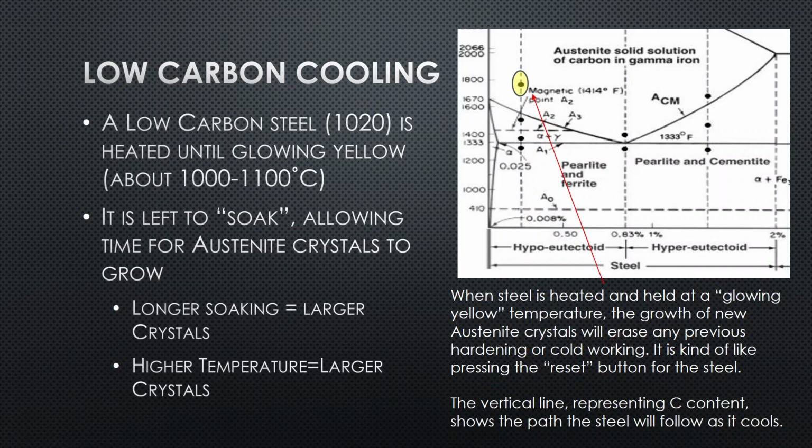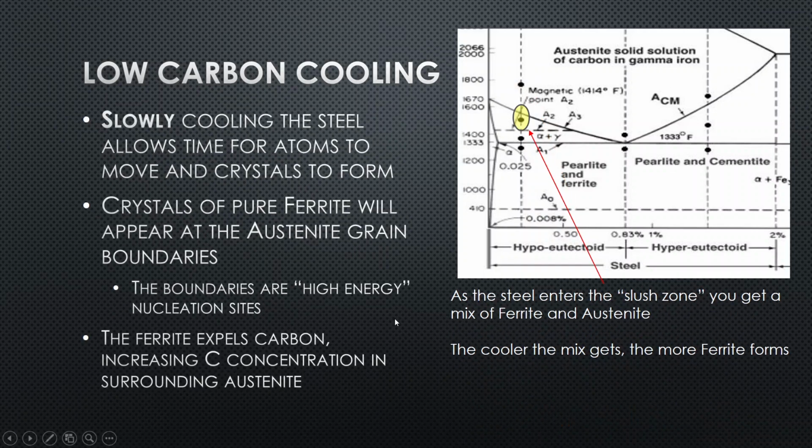With the steel, we might have a little bit of different experience depending on how we cool it down. Okay, so let's take a look at what happens. Now we're going to cool that down a little bit, and we're going to come down right here. And now we've entered the slush zone. Now inside the slush zone, crystals of ferrite start to form.